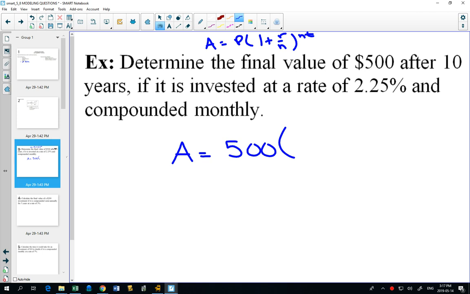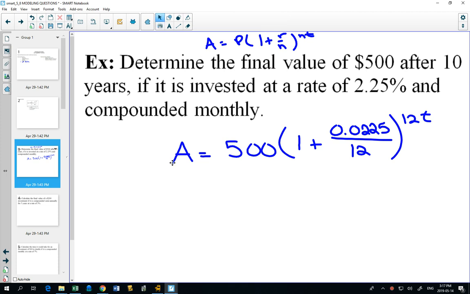So then I'm going to have 1 plus the interest rate is R as a decimal, so this is 2.25%. I need to change that to a decimal. The number of compounding periods monthly is how many times in a year? 12 times in a year. To the 12t.